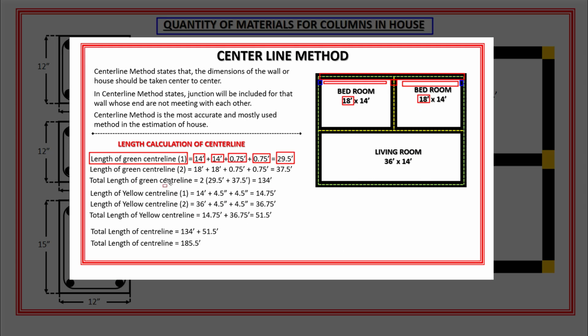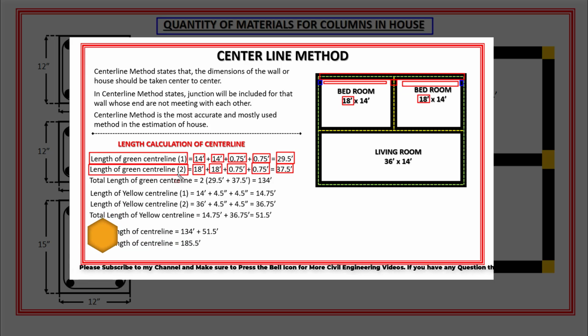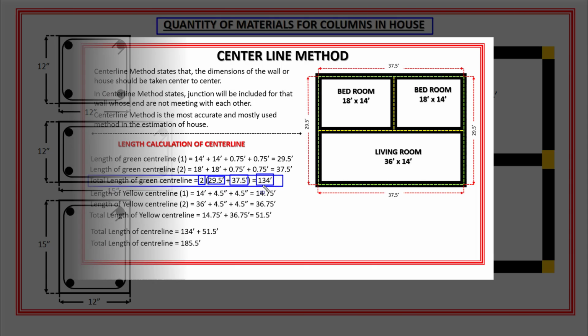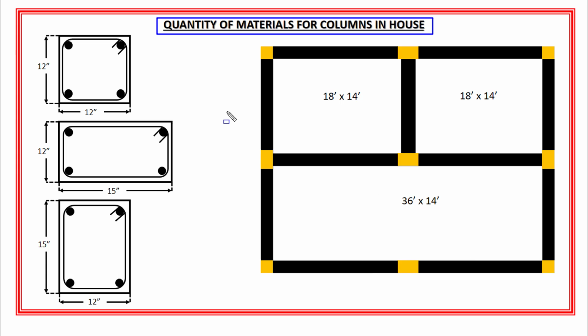Okay, so if you are new to my channel and haven't watched the first two parts of the estimation of house course, then kindly watch it on my YouTube channel. You will find the course in the I button and in the description of this video as well.